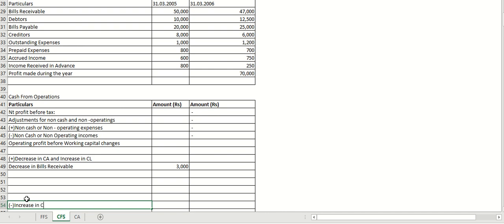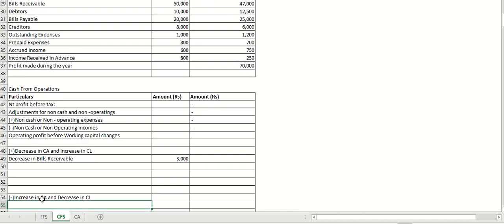Increase in current asset and decrease in current liability will be minused. So your debtors has been increased, because it's a current asset. So increase in debtors, the amount is 10,000 minus 12,500, 2,500.